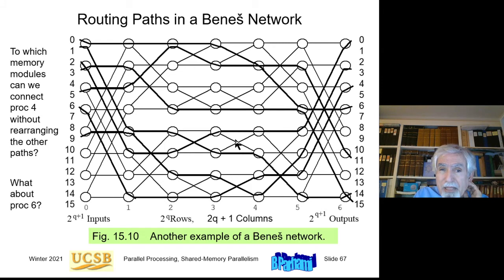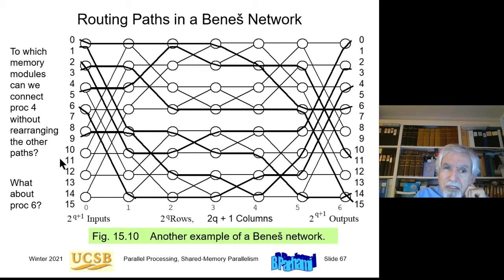The reason is that when I say this is a permutation network, if you give me a permutation, I can route it through that. But if I add something to already existing connections, there is no guarantee that I can route that extra path while keeping the other paths intact.